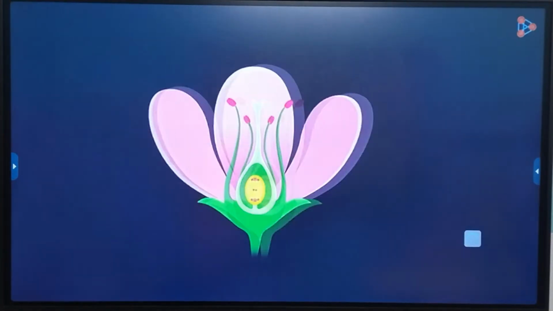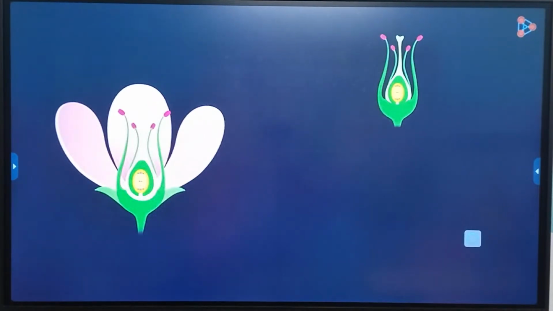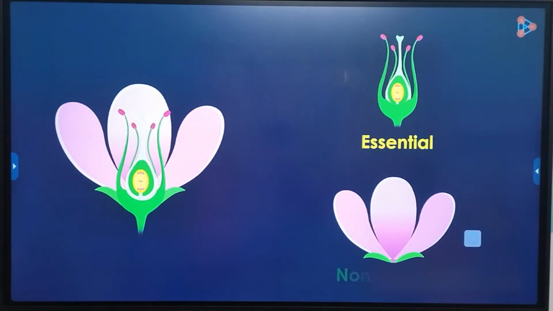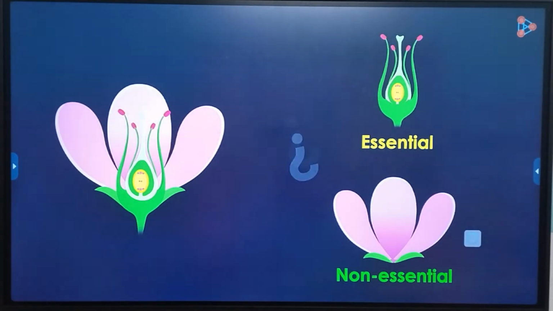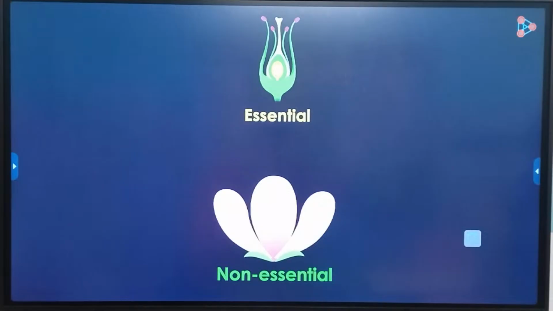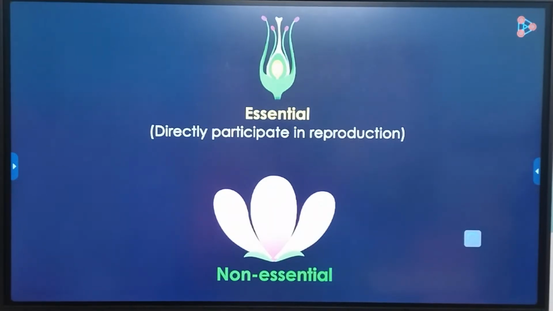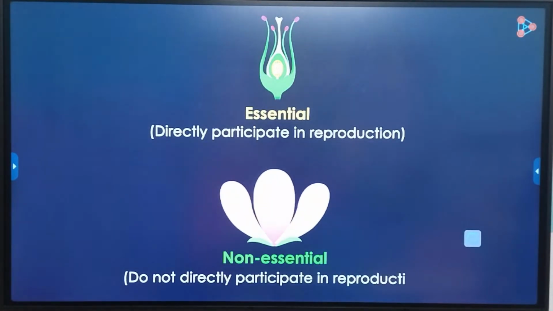Now among all these structures, the male and the female reproductive organs are categorized as the essential parts, whereas the petals and the sepals are categorized as the non-essential parts. But why is this? Are they not necessary for the flower? No, that's not the case. They are necessary, and let's see how. The essential parts are directly involved in reproduction, while the non-essential parts are not.